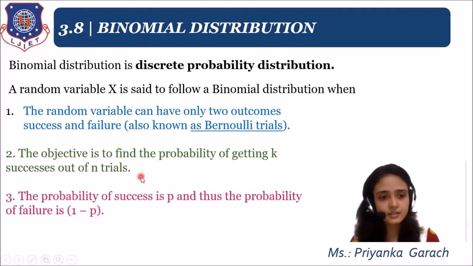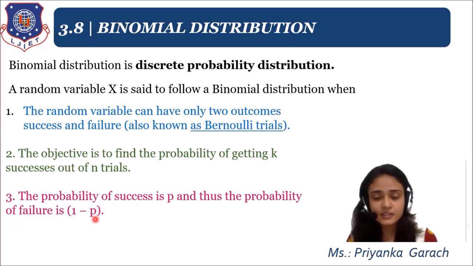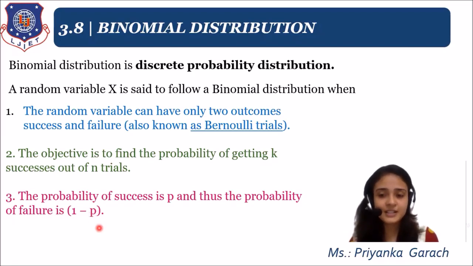The third thing is that the probability of success is p, thus the probability of failure is 1 minus p. Suppose my number of successes of getting the head is 4, so its probability will be 0.4, that is 4 divided by 10. So the probability of getting the tail will be 1 minus 0.4, it means 0.6.